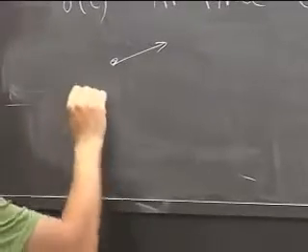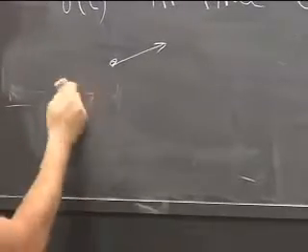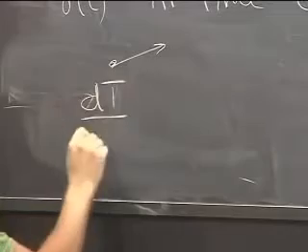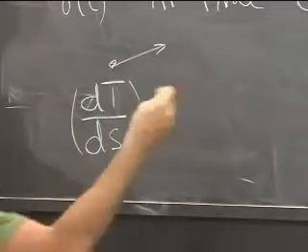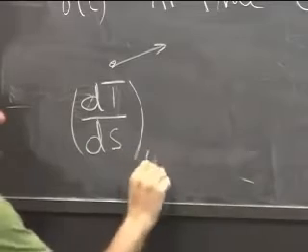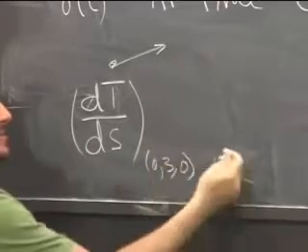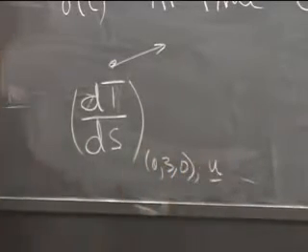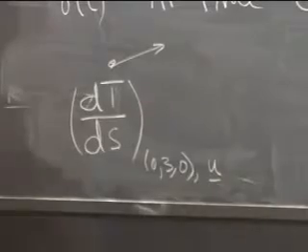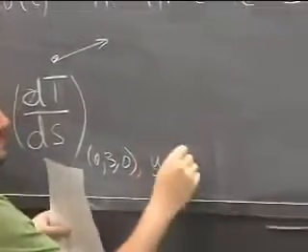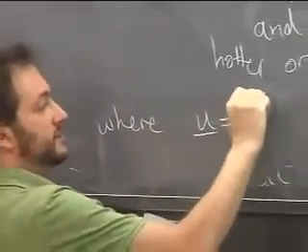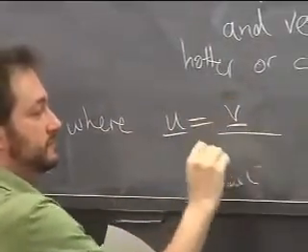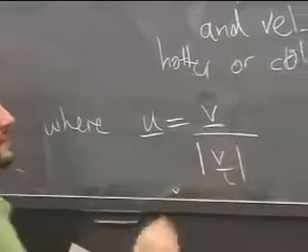What you have to do is calculate the directional derivative of t, dt ds, at the point 0, 3, 0 with respect to u, where u is the unit vector of velocity, v over the length of v.